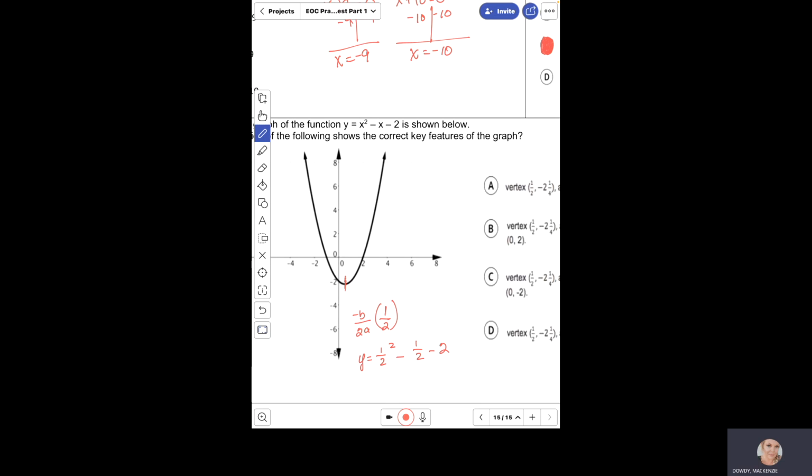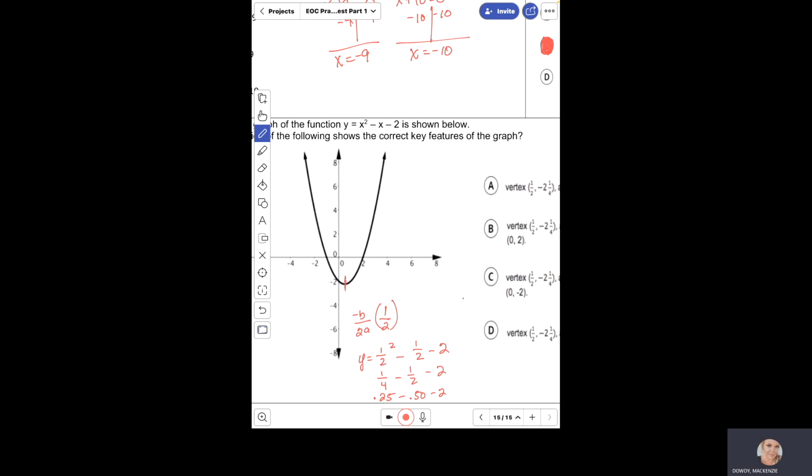And I just know how much you guys love fractions. 1/2 squared is 1/4 minus 1/2 minus 2. Since you guys hate fractions, if you know your decimals, you can change these into decimals. 1/4 is the same as 25% or 0.25. Minus half is 0.50 minus 2.